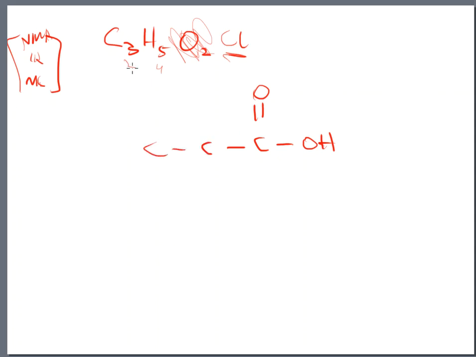That will take up 2. I'll just keep it simple and see if it will match up in any way. And then a chlorine group is going to have to be added on. So let's just add it here at the very end maybe. I don't know. We'll just put it there first. And then I've got 4 hydrogens. So that's perfect. I need 2 there and I need 2 there in order for that to work. So this is one option.